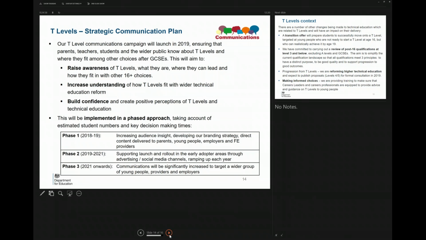There's a whole range of audiences for our communications plan, so clearly young people and their parents are crucial, but we recognise that the wider teaching workforce, careers advisors, and careers leaders in schools are a really critical part of those influencing factors for young people, as well as that broader engagement across the sector.